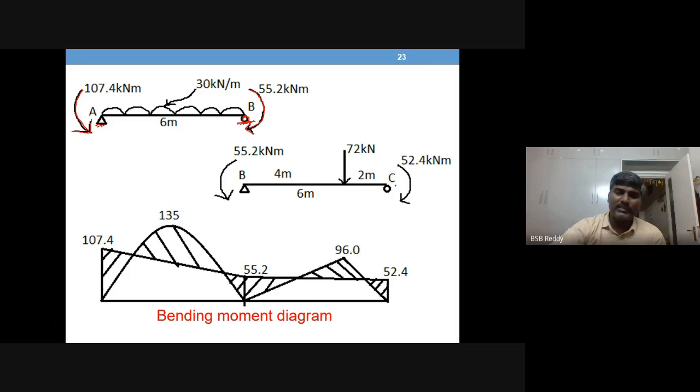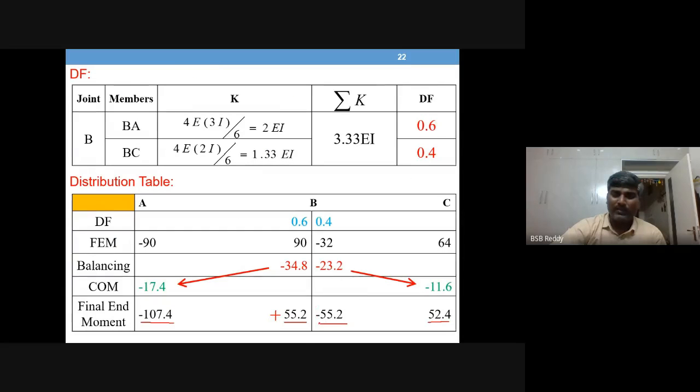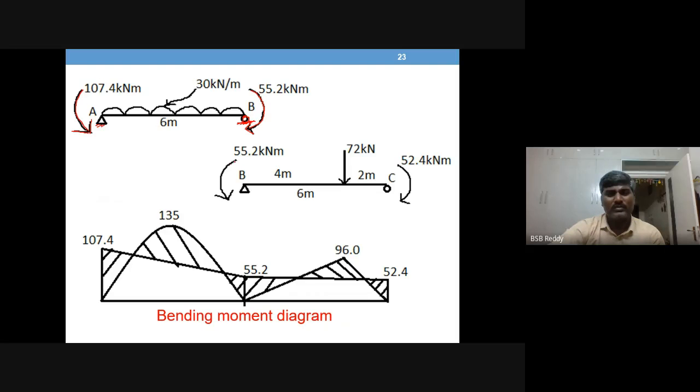Coming to BC, support B has minus 55.2. Negative means anti-clockwise, and 52.4 at C, a positive value, means clockwise. So draw those two values: anti-clockwise 55.2, clockwise 52.4, for the BC beam.